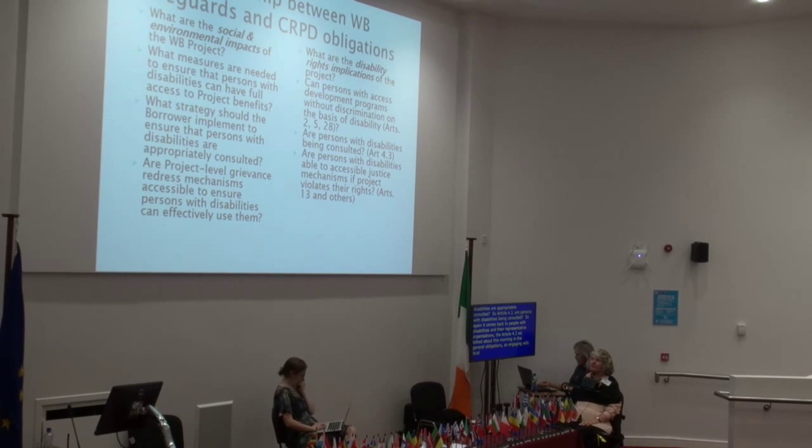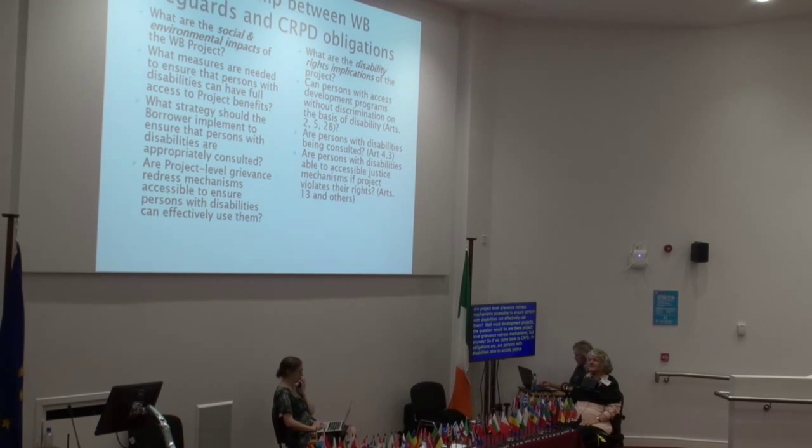Are project level grievance redress mechanisms accessible to ensure persons with disabilities can effectively use them? Well, for most development projects, the question would be, are there project level grievance redress mechanisms? But anyway, if we come back to CRPD, the obligations are, are persons with disabilities able to access justice mechanisms?